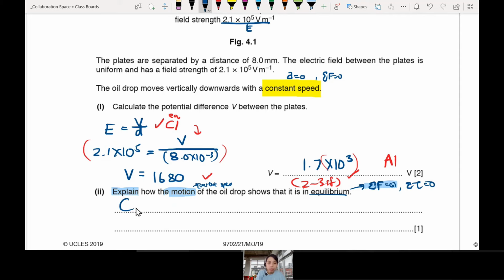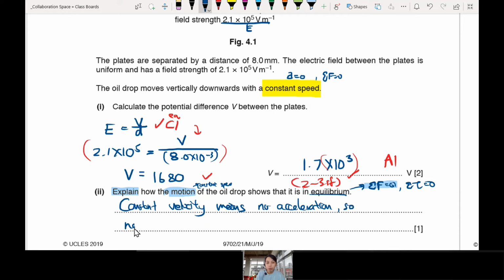So constant velocity, what does it mean? It means no acceleration, no change. You're always 5 kilometers per hour, there's no change. So constant velocity means no acceleration. What does no acceleration mean in terms of force?